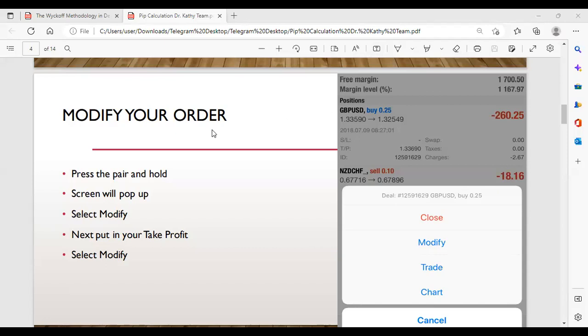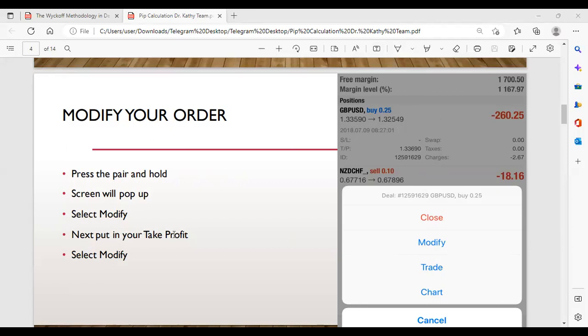When I say modify your order, just go to the currency where you placed your order, for example GBPUSD. When you press it, it shows close, modify, trade or chart. Come here and select modify.